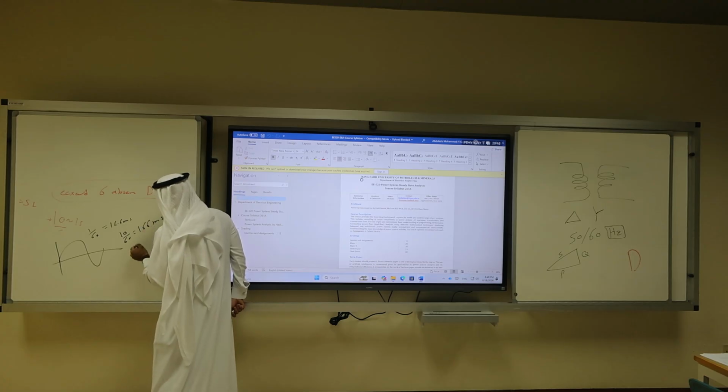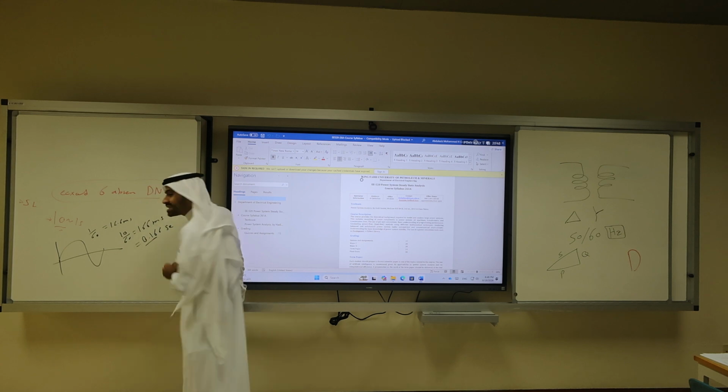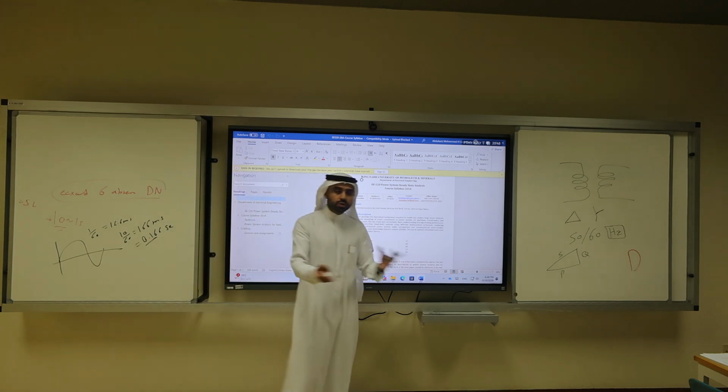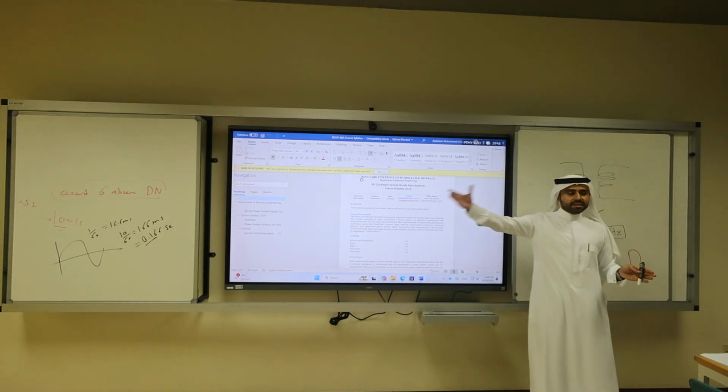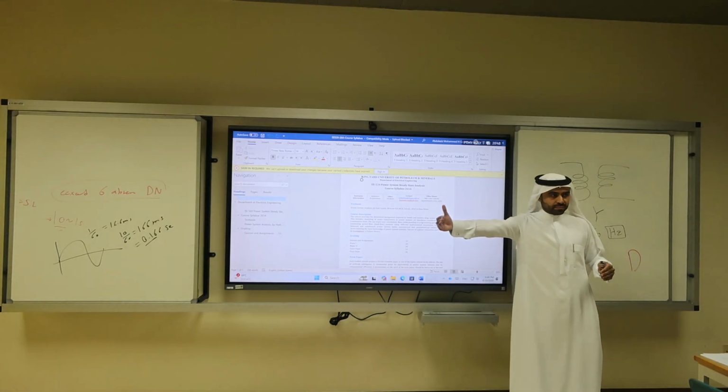So almost 0.166 seconds. So you can see 10 cycles is almost 0.16 second. That can be a steady state after some time.